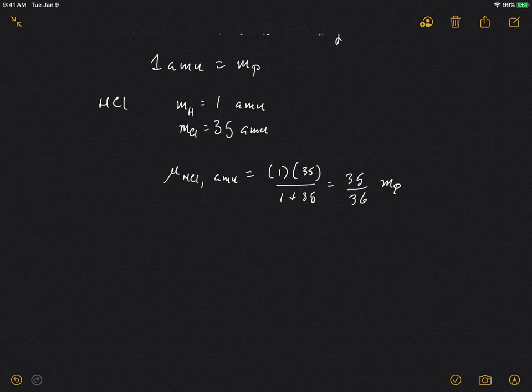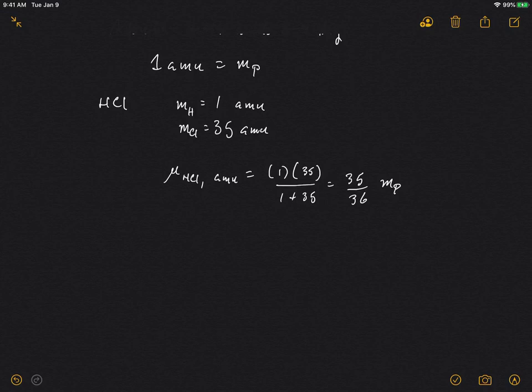It's going to be a little bit different, but near 1. Let's see, 35/36, that's about 0.97 times the mass of a proton. You expect a number that's close to a mass of a proton.